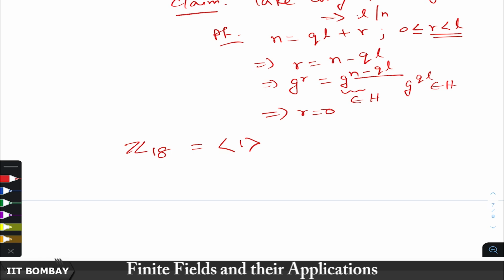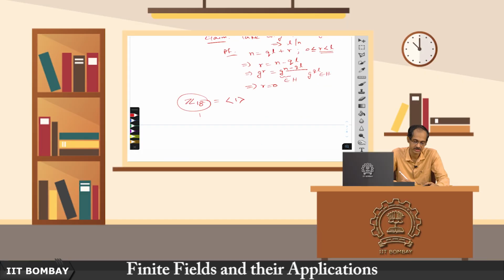And the subgroups, remember, the order of the subgroup must divide the order of the group itself, which is 18. So, the cardinality or the order of the subgroup must be a factor of 18. So, they can be either 1, in which case it is only the identity element, 2, 3, 6, 9 and 18, which is the full group.